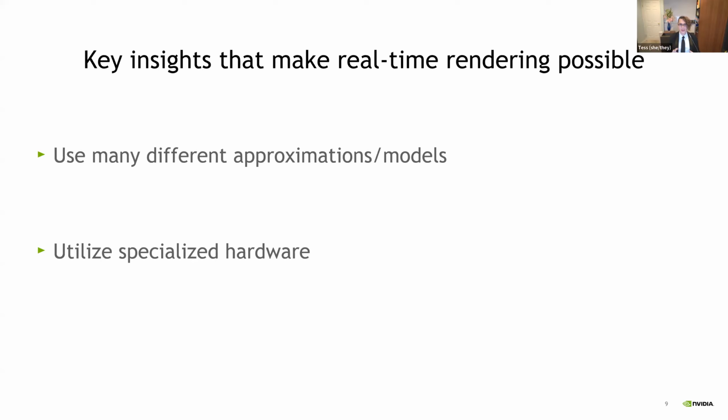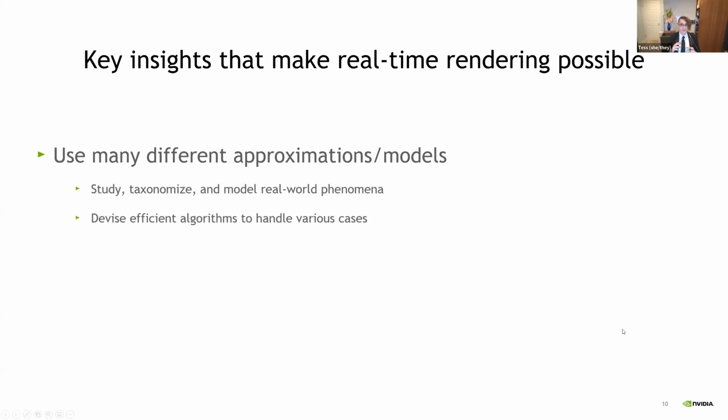And so I'm going to drill down on each of these a little bit, but to start with the first one, when we talk about building approximations or models, what we're really doing is building on the work of scientists who go out and study and taxonomize and model the real world, and then of computer graphics researchers and other computer scientists who then devise efficient algorithms that we can use to implement those models and handle specific cases of things that arise in the world.